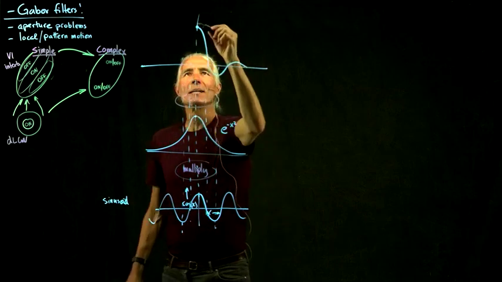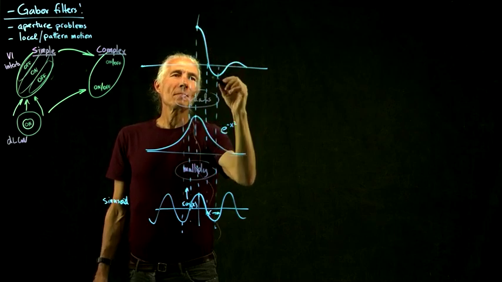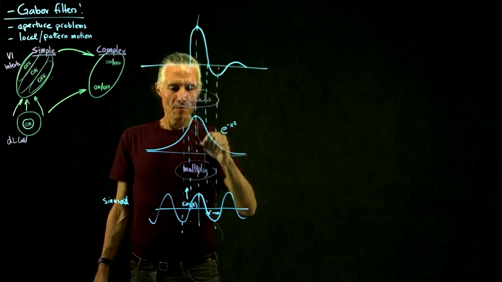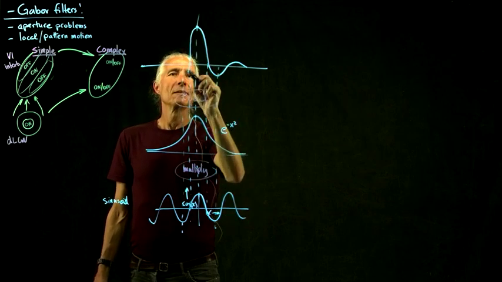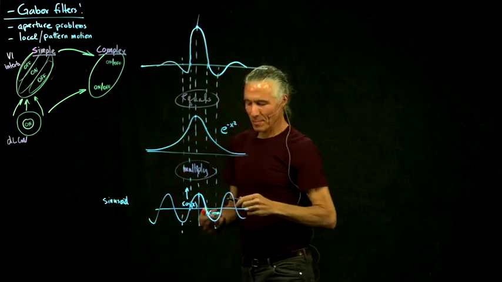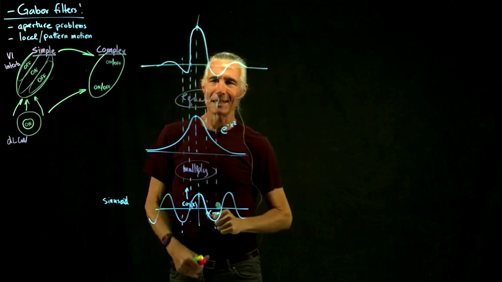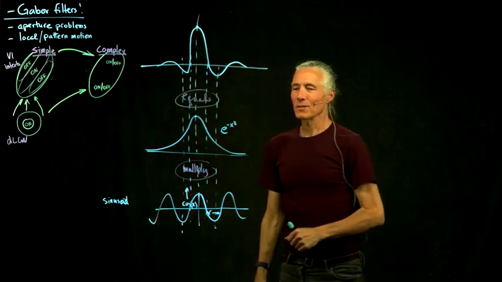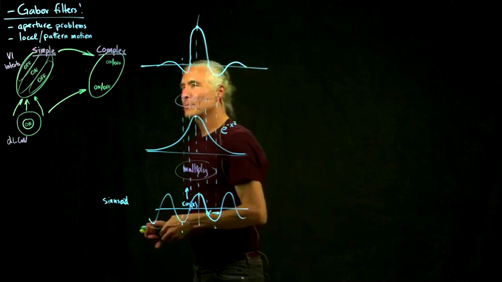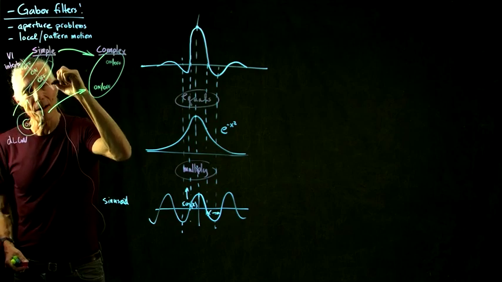It's slightly squished, but basically it looks like a cosine, kind of a squashed cosine. Like you took a cosine and then squashed it down. Now that describes going across the receptive field that way.